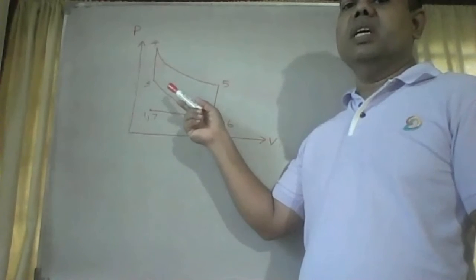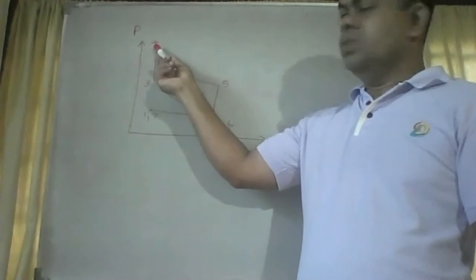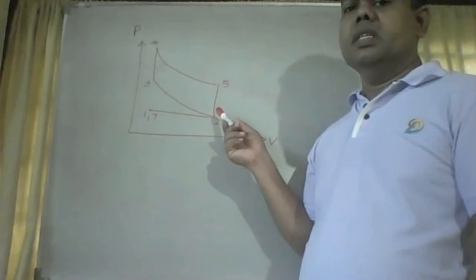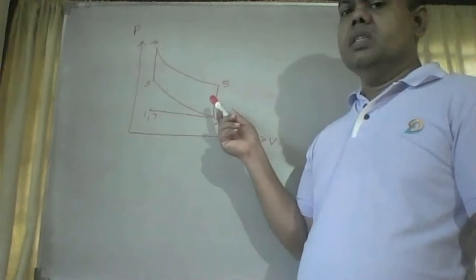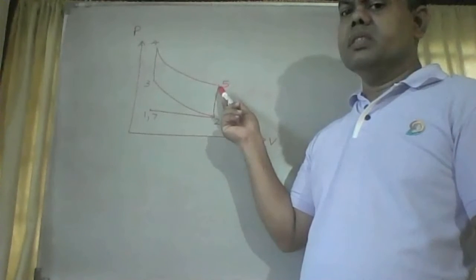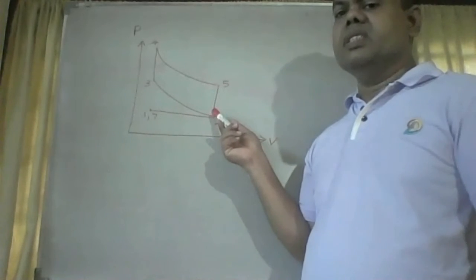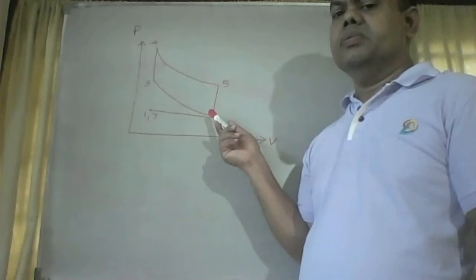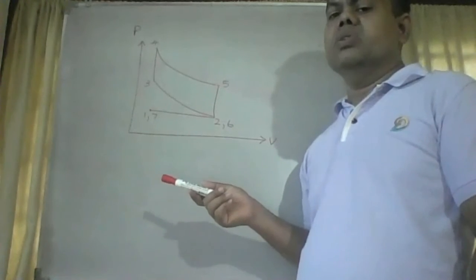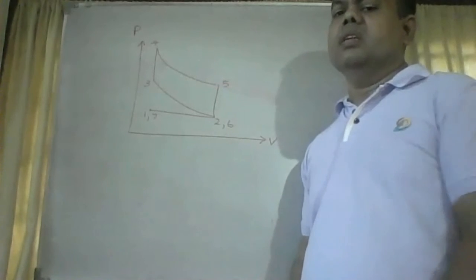That is almost at the end of the compression stroke. 4 to 6 process represents the power stroke, during which 4 to 5 is an adiabatic process and 5 to 6 represents the heat rejection by the engine. 6 to 7 represents the exhaust stroke, where the cycle returns to the starting point.